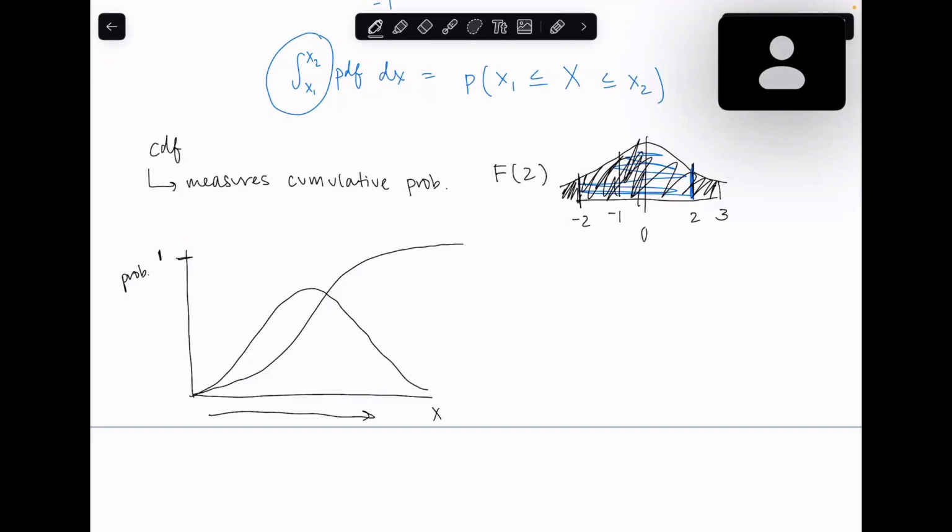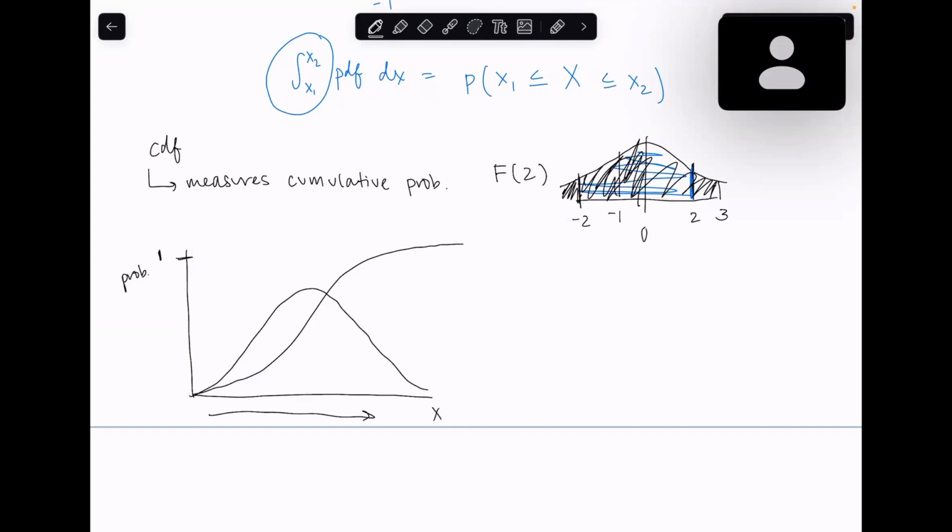Does that make sense? Does anyone have any questions about PDF versus CDF? No? Yeah. Can you just repeat that last phrase you said? Yeah, let's see if I can remember. So a PDF is just showing the distribution of likelihoods that different values of x can take on for the random variable x, whereas the CDF is a cumulative probability.